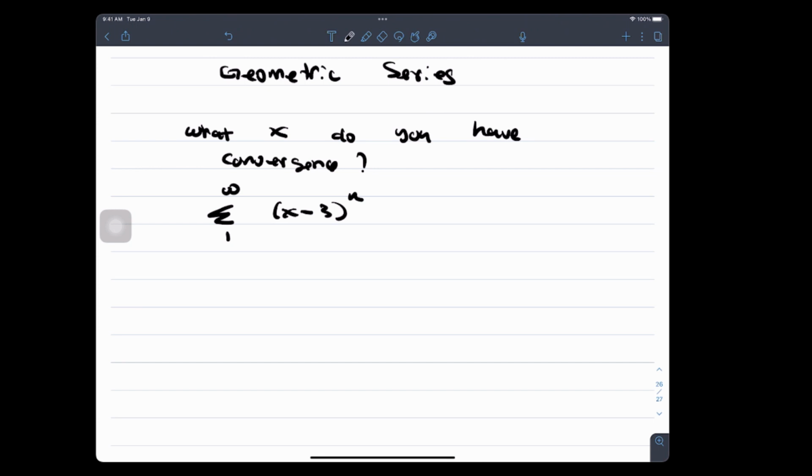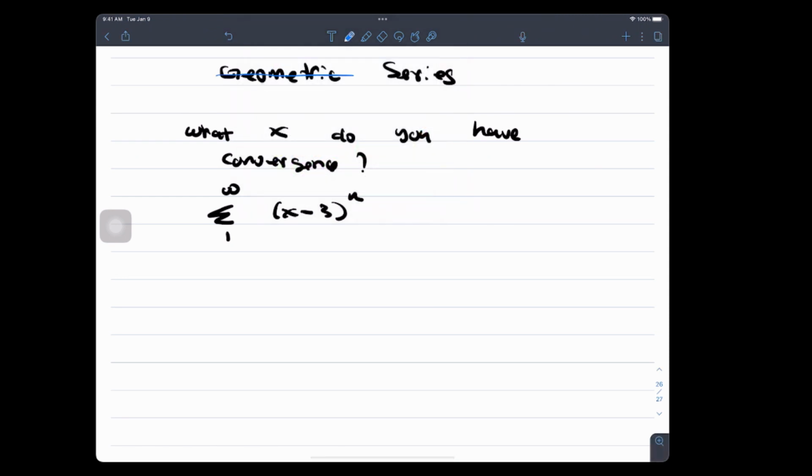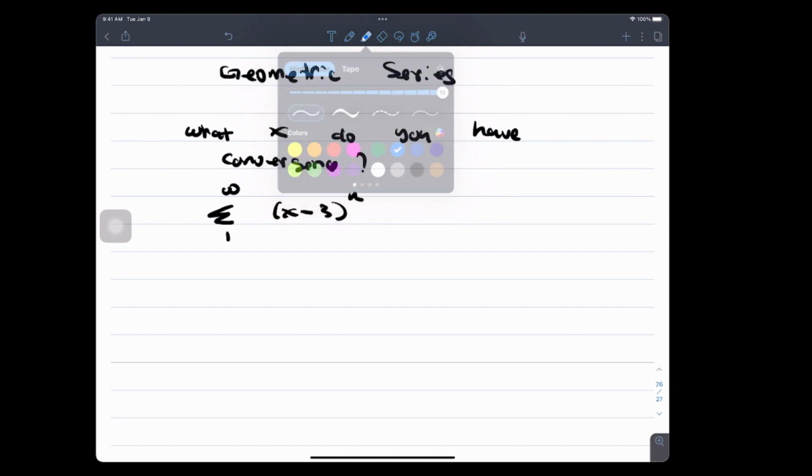The sum of x minus 3 to the nth power. Now, these are geometric series, believe it or not. You might say, really? Yeah, they're geometric.